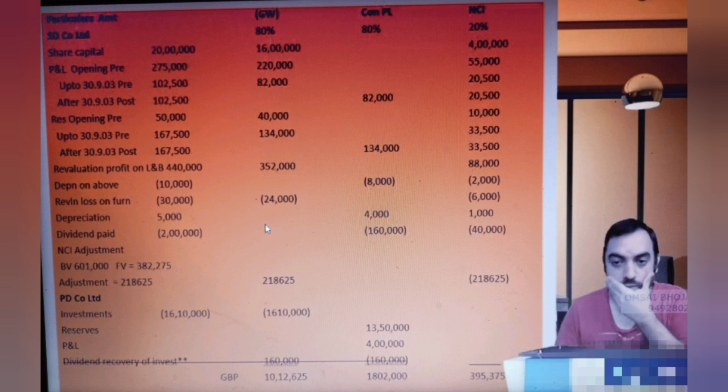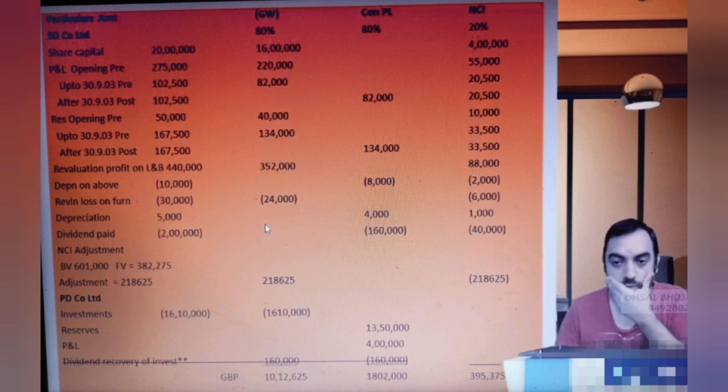Other adjustments pending? Any other adjustment pending here? Can you think of it? Okay. Dividend paid 2 lakh, subtract 2 lakh, subtract NCI adjustment. We'll have to do it together.